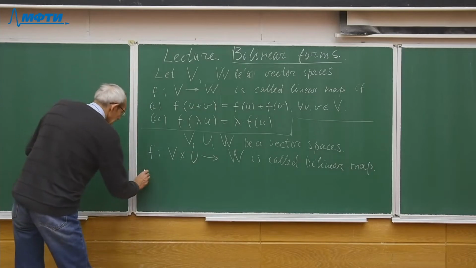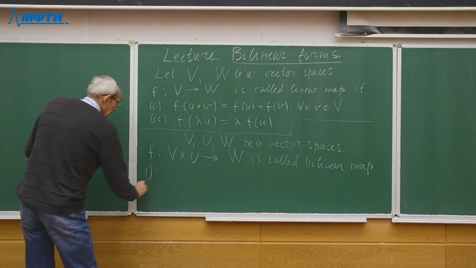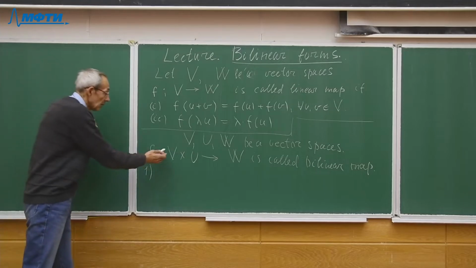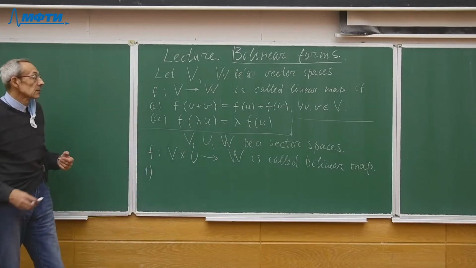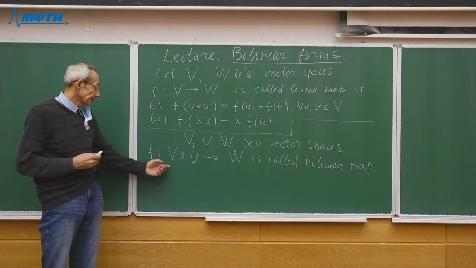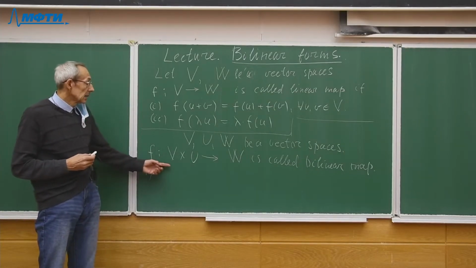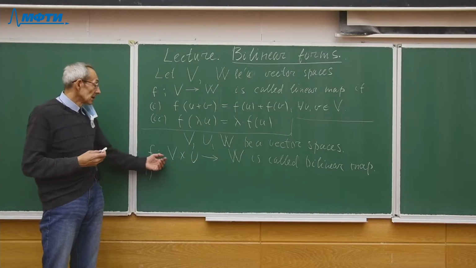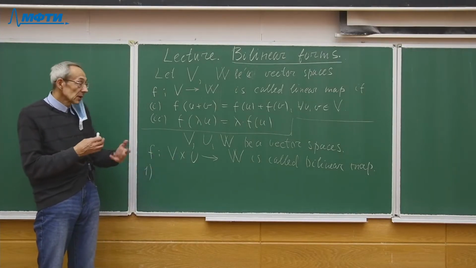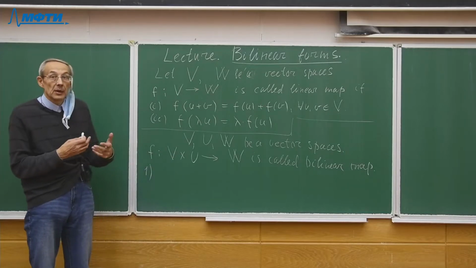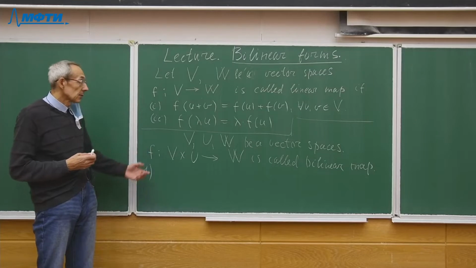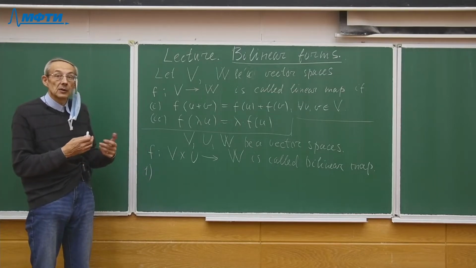If we have the following condition: this map must be linear with respect to any of its arguments. What does the product of two sets mean? The direct product is a set of ordered pairs.